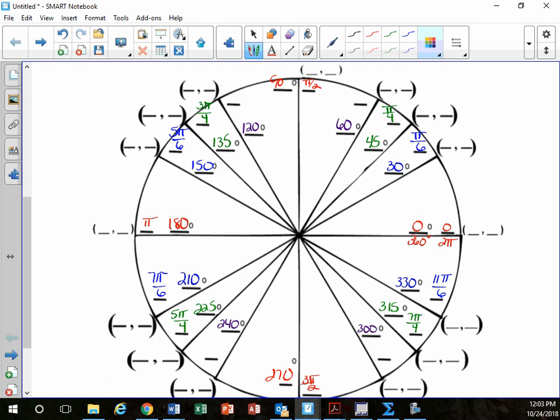Okay, so this is 1 pi over 4, right? 45 degrees. If I actually did the conversion, I want to know what 45 degrees is as a radian. 45 goes into 180 4 times, so this is pi over 4. So that's why I'm starting there.